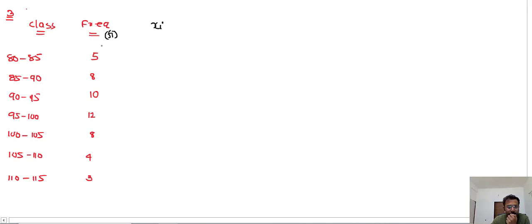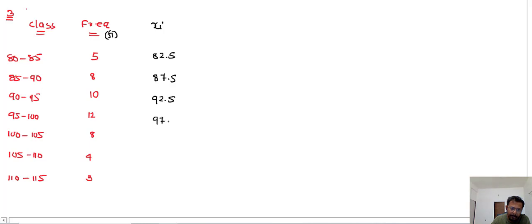Every time you don't want to add and find it, the class interval is 5, so add 5, 5, 5, so it is 87.5, then 92.5, then 97.5, then 102.5, then 107.5, and here is 112.5. Now check the total observations: 1, 2, 3, 4, 5, 6, 7.